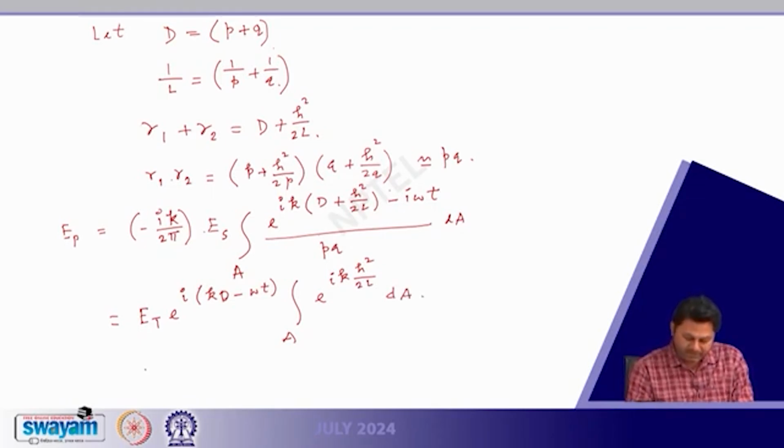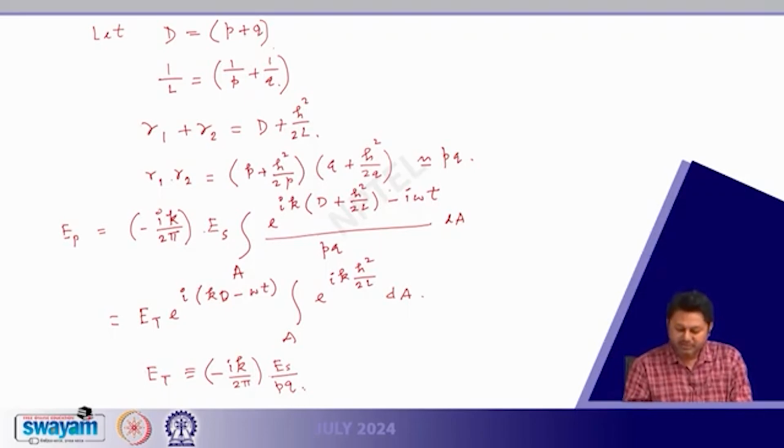So, E t contains all these terms: minus I k divided by 2 pi, then E s divided by p q.